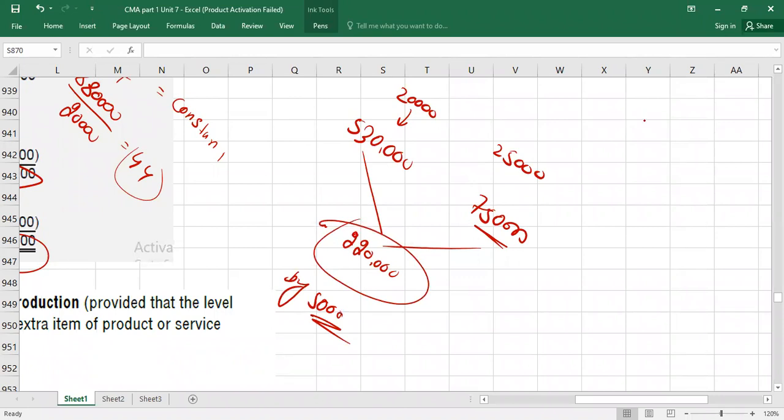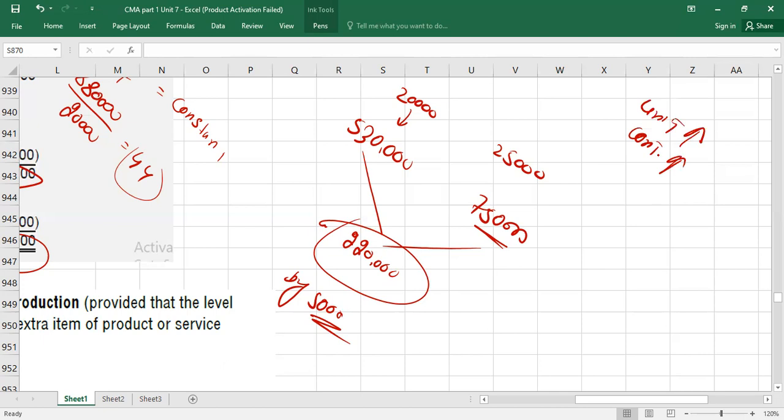It means whenever your sales increase, whenever your units sold increase, automatically your total contribution will increase. The contribution per unit remains constant, but total contribution will increase, that is why your operating income is also increasing. I'm saying two things.